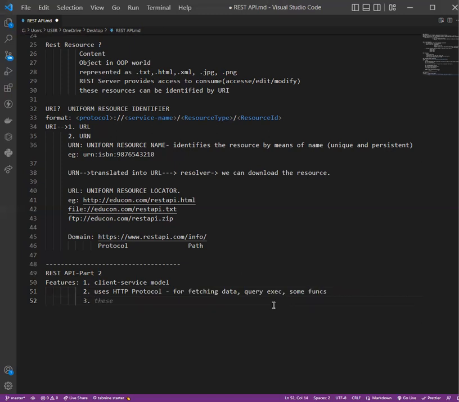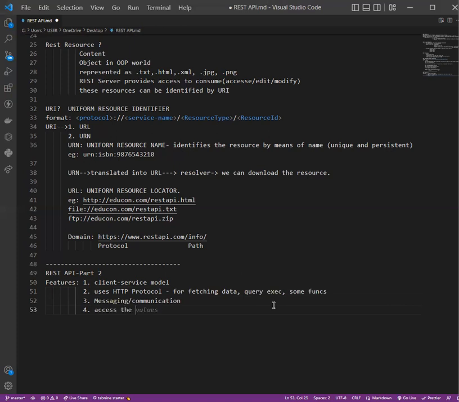Point three, for the communications, messaging or communication. Number four is mainly to access the service with the help of URIs.